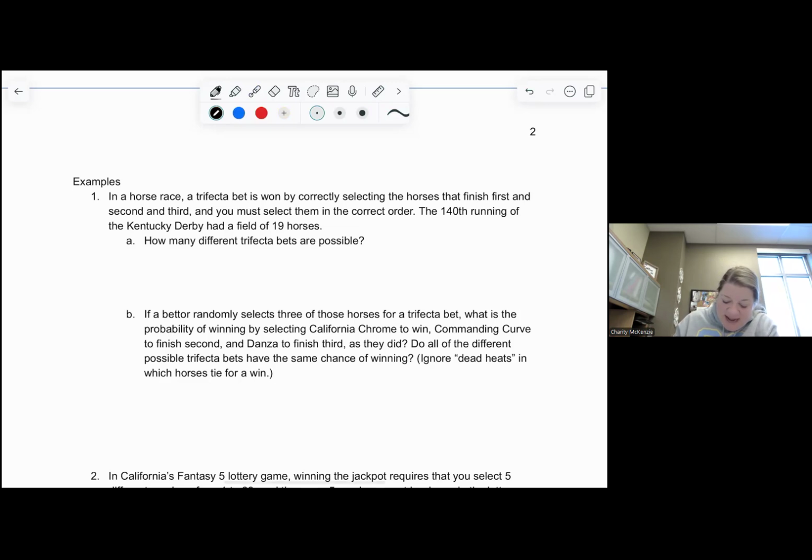So this one, we have 19 total, and we are choosing 3. Okay, so 19 choose 3. So if we followed the formula, n is your total, so 19 factorial over 19 minus 3 factorial. So you could kind of think of this as 19 factorial over 16 factorial.